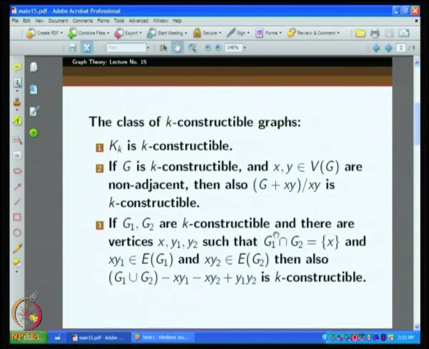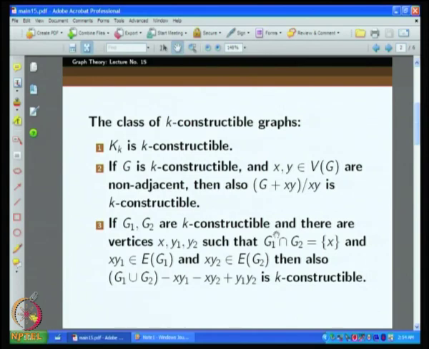Which means we take these two graphs together, delete those edges x y1 and x y2, and then add the new edge y1 y2. This will also be K-constructible.